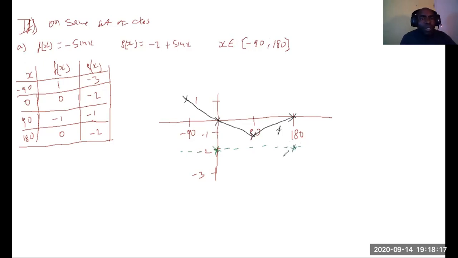So where do we have our maximum? Our maximum is negative 1, which is at 90. Our minimum is at negative 90, which is negative 3. So we will go up this way, hit there, and then come back there. So this will be our F, our G.